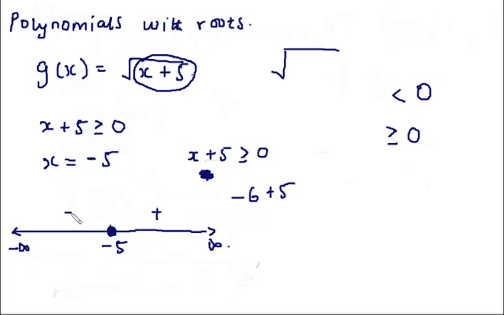So negative here. So the domain of my function will now be for numbers from here upwards. Okay, so the domain of my function is equal to a closed point, which is minus 5, and then up to positive infinity.